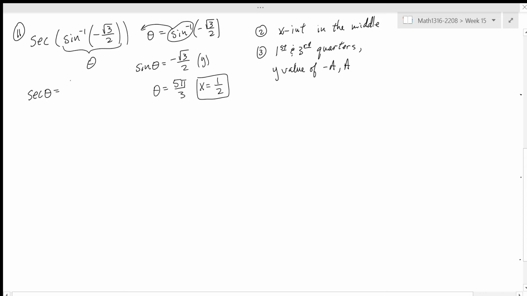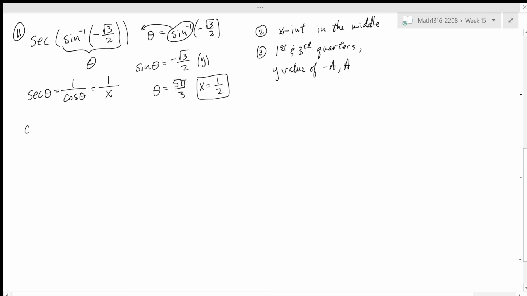But isn't secant of theta 1 over cosine theta? But isn't cosine in the unit circle x? And what is the x coordinate? A half.